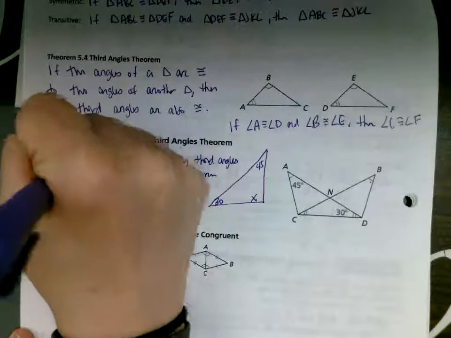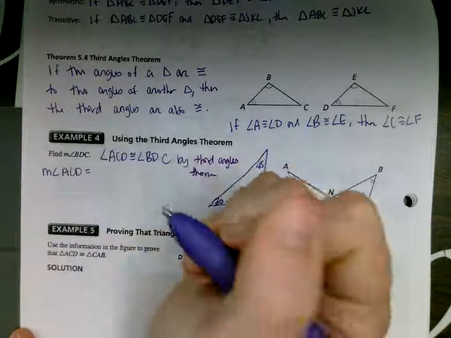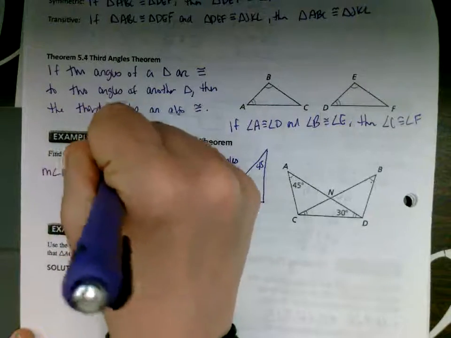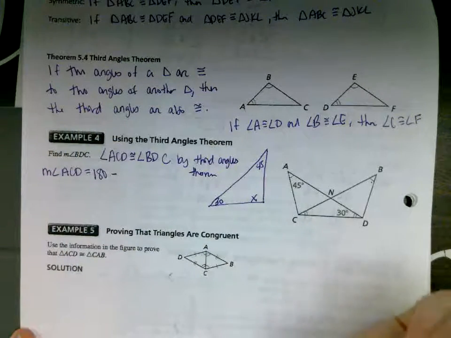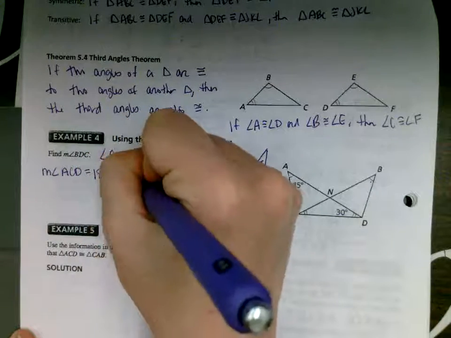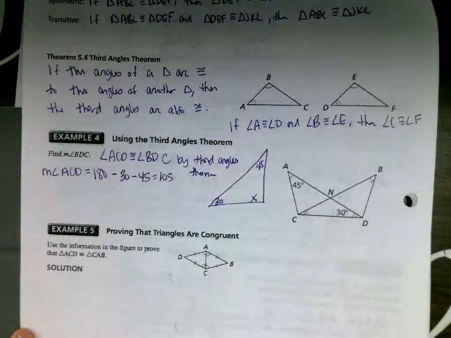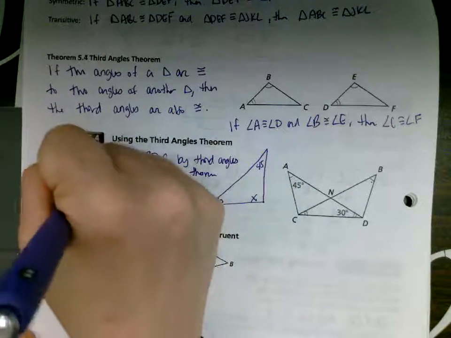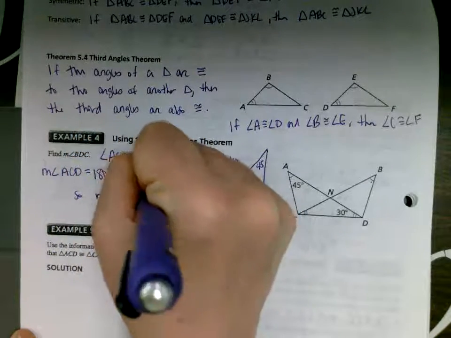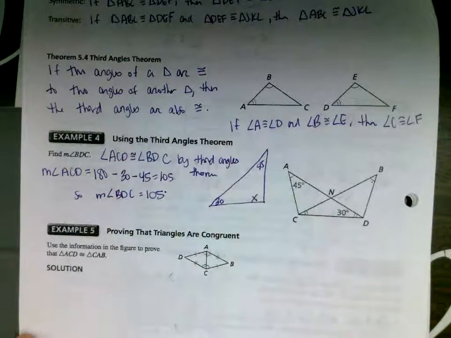So then I know that the measure of angle ACD is equal to 180 minus 30 minus 45, which gives me 105. Okay, so then I know that the measure of angle BDC is also equal to 105 degrees.